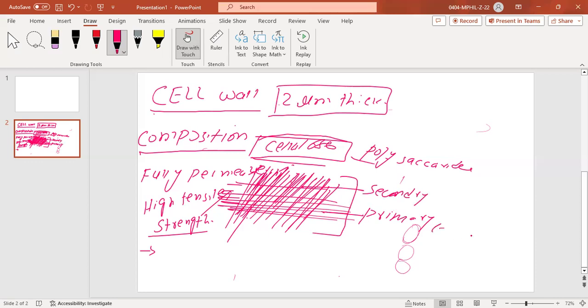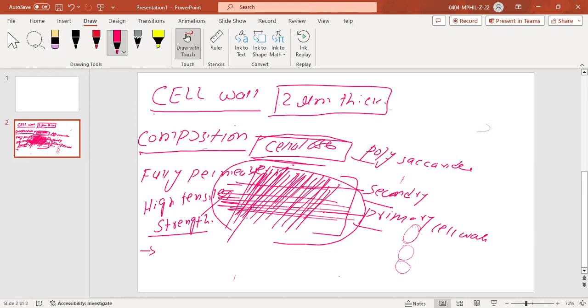So the structure that you are observing right now on the screen is a complete cell wall made up of a primary and secondary structure, with a crisscross appearance. And this crisscross appearance gives it strength to bear all the pressure from the outside.